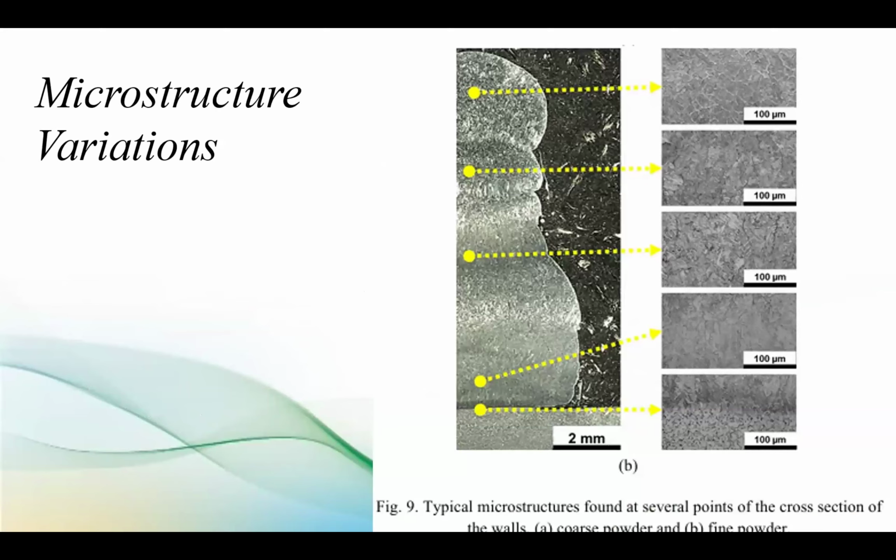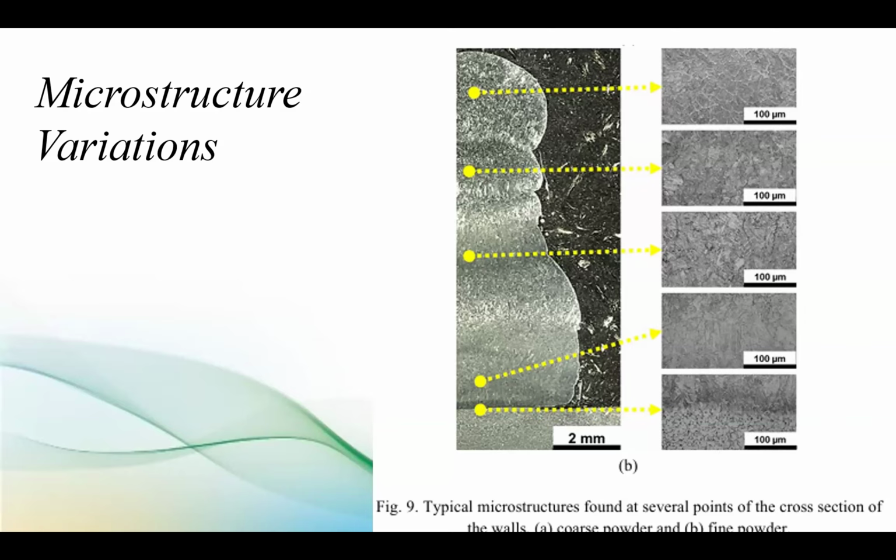Another limitation of WAM is the variation of microstructure. This image I got from a journal paper. It shows there is a variation in the microstructure of that particular product linearly, because it is created layer by layer.